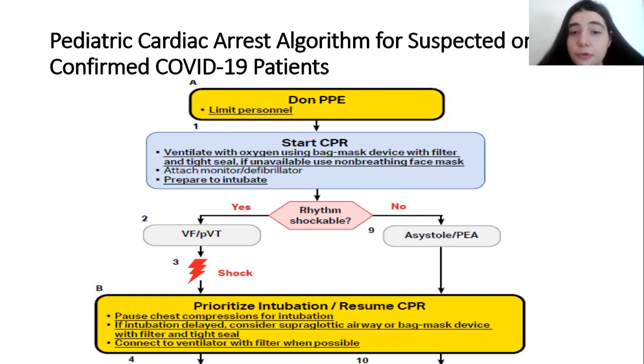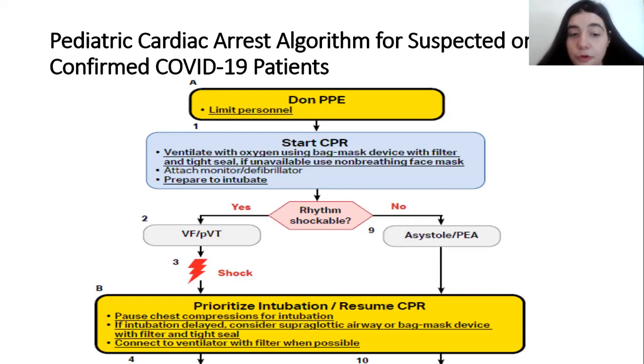If unavailable, use a non-breathing face mask. Attach, of course, the monitor and the defibrillator, and prepare for intubation. In case of a shockable rhythm, VFib or VTach, you need to shock the patient. In asystole or pulseless electrical activity, you need to resume CPR. You have to prioritize intubation, as we said before.